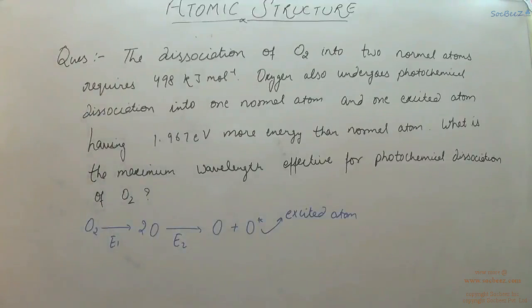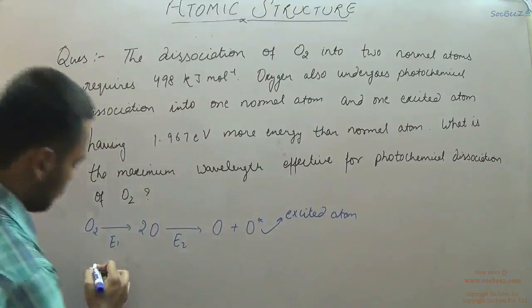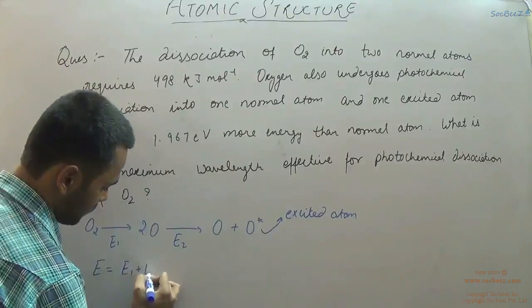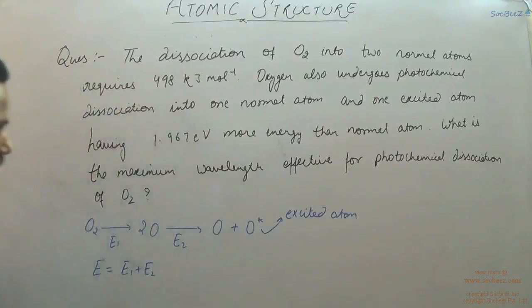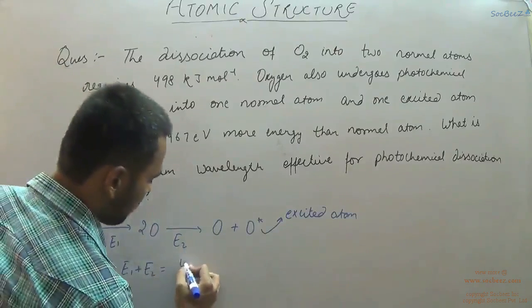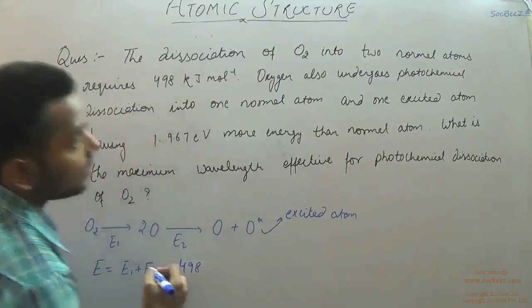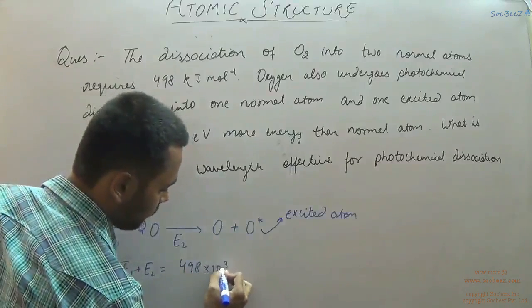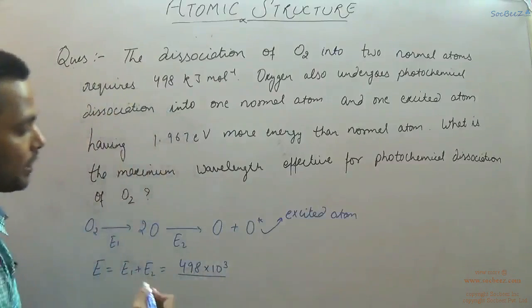So therefore total energy E equals E1 plus E2. Now E1 is 498 kilojoule per mole. So let's convert it to joule per molecule.